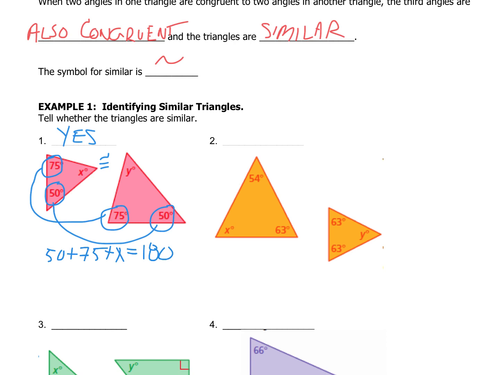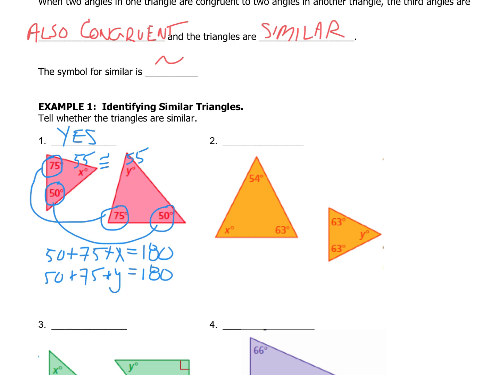And the other one would be 50 plus 75 plus y equals 180. When I solve either one of these, x or y is 55 degrees. So the missing angles for both of these triangles give me an angle pair, so all three of them have a match.